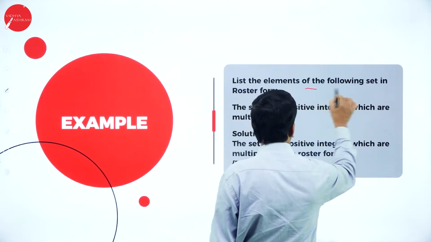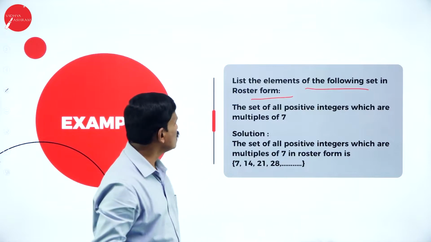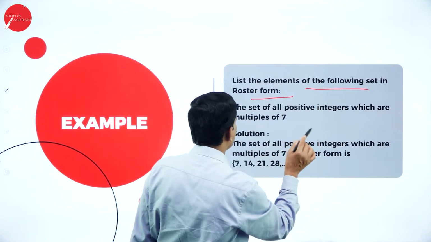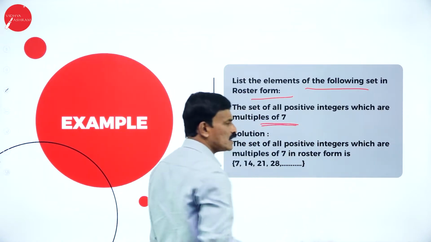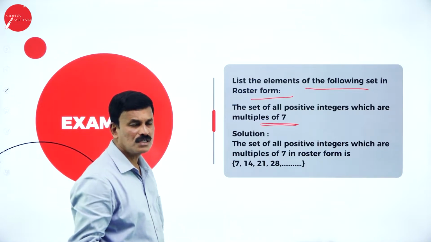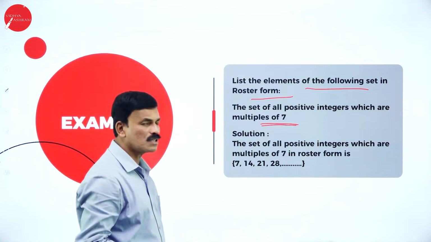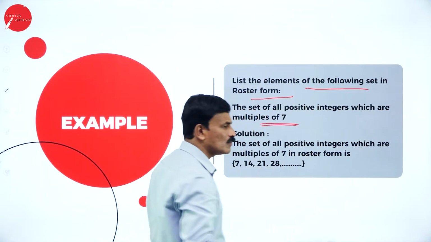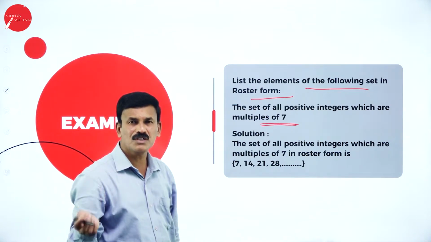List the elements of the following set in the roster form: the set of all positive integers which are multiples of 7. The multiples of 7 are nothing but 7 into 1, 7 into 2, 7 into 3, 7 into 4, like that.